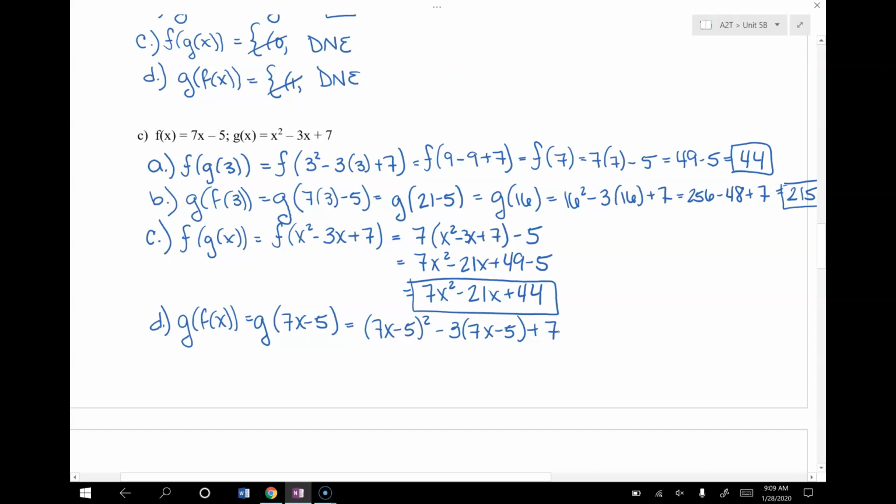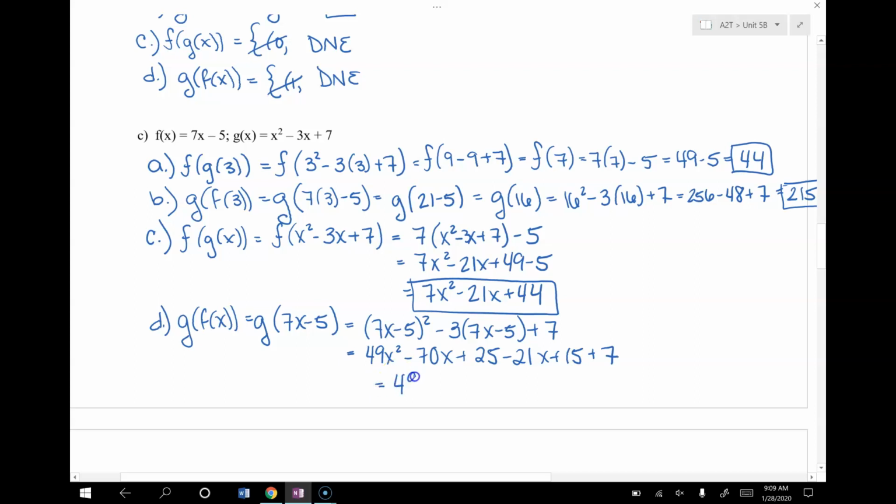numerical value, okay? So distribute, you get 49x squared minus 70x plus 25. Distribute the negative 3: minus 21x plus 15 plus 7. Make sure I did that right. Looking okay. All right, combine like terms.